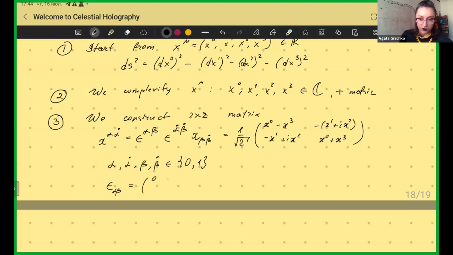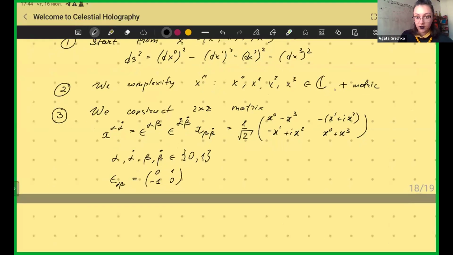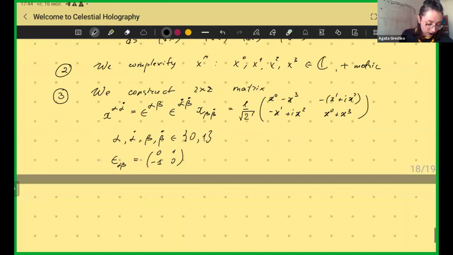You can define them with some different signs. It's just important for you to be consistent inside your work. Also the dotted Levi-Civita. And these Levi-Civitas act as matrices that lower and raise our indices.